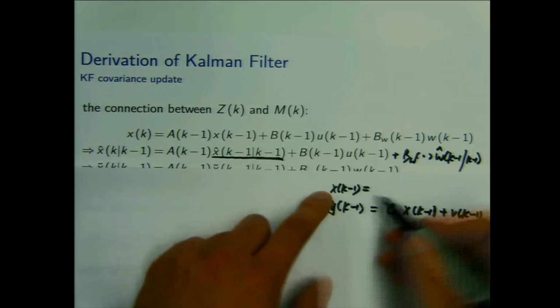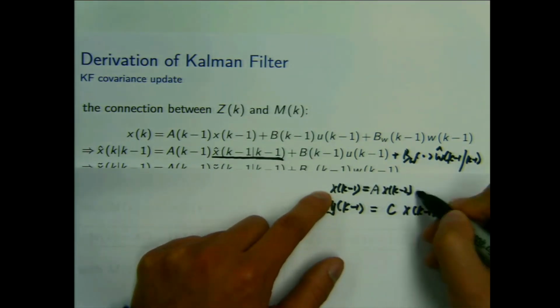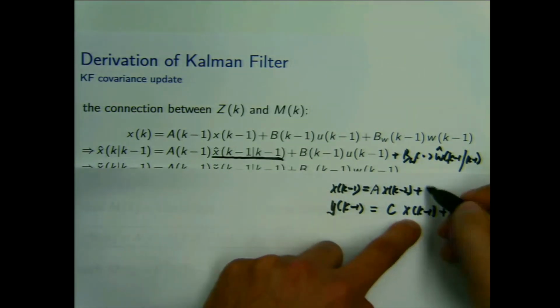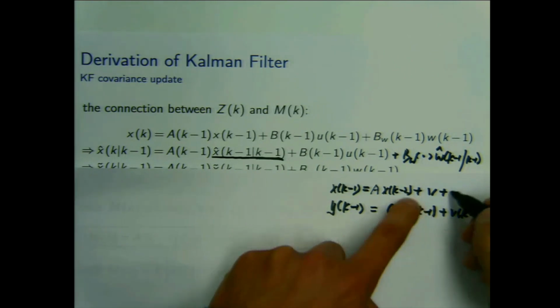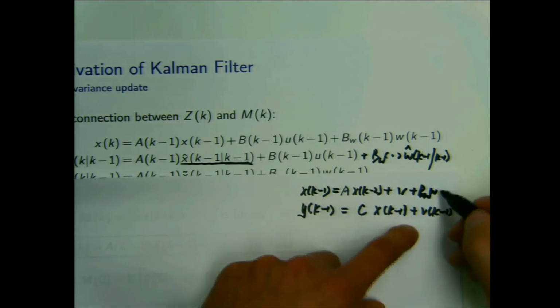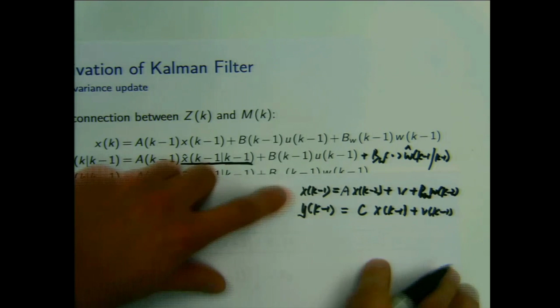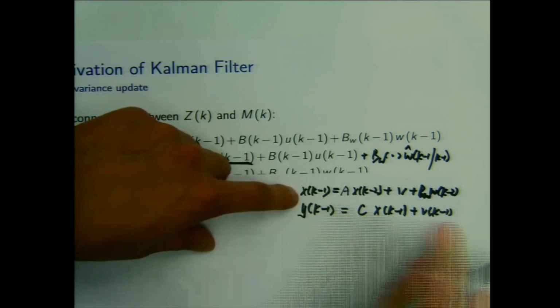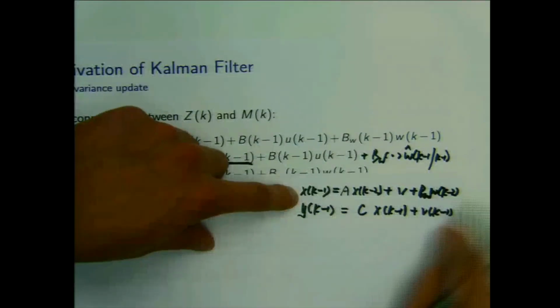So x k minus 1 equals a x k minus 2 plus b u k minus 2 plus, this is the key here, plus b w. What is the index for w here? K minus 2, right? So you see, x k minus 1 depends only on w k minus 2. It doesn't depend on w k minus 1, right?